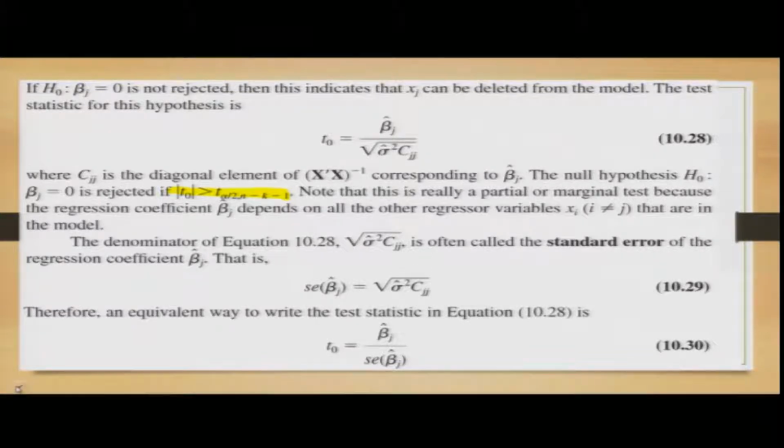I will just change the color. So, this alpha by 2 basically relates to the level of confidence. I am just drawing the distribution very simply. It is not normal, it is considered a T distribution.